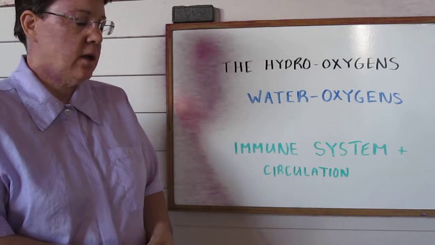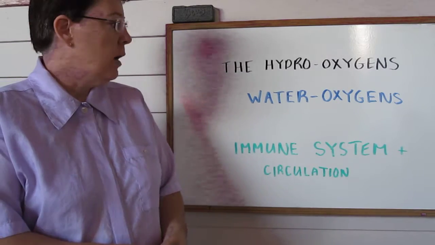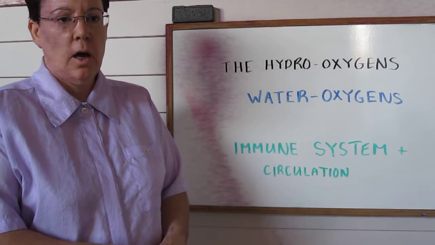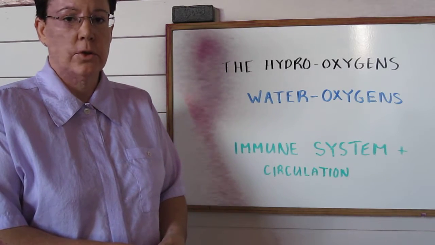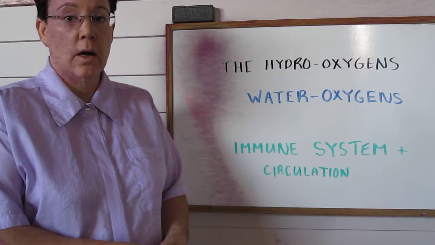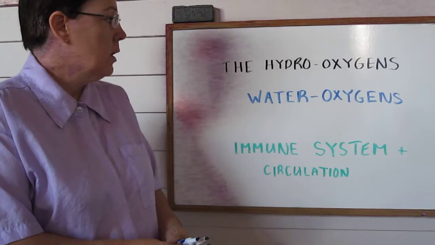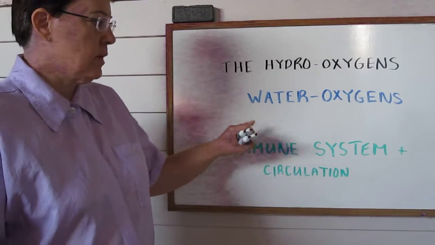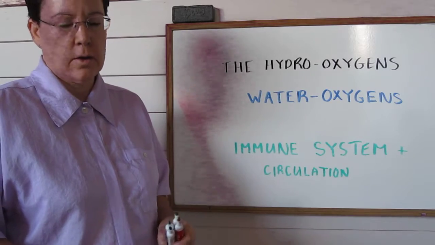I would just like to give a brief overview of the compounds in the atmosphere that are of some concern to a number of atmospheric chemists of great accomplishment. They're called the hydrooxygens. And in plain language, that means that they're the water oxygens.